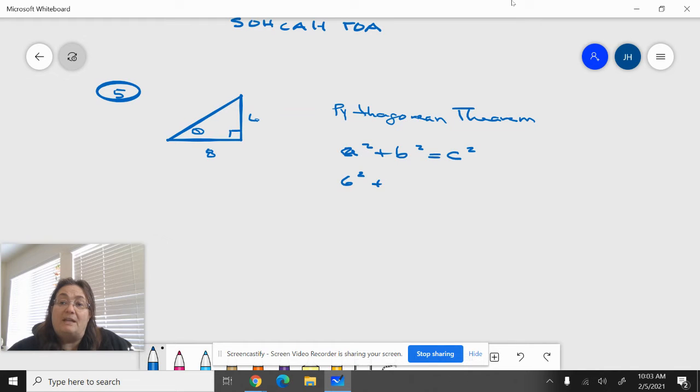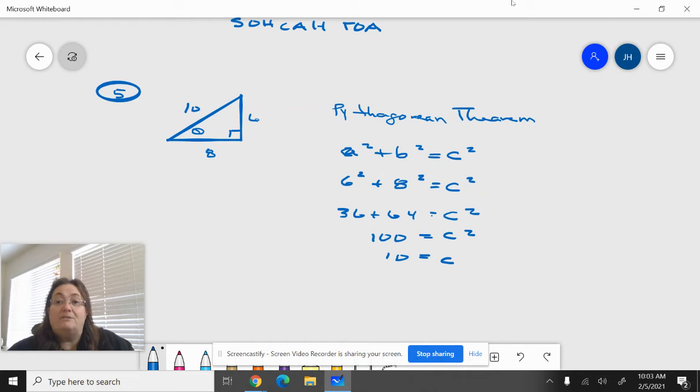So if we square that and add it to 8 squared, it should give us whatever our hypotenuse is squared. So we're looking at 36 plus 64 equals c squared, which is 100. c squared is 100, which means that c, if we took the square root of both sides, would just equal 10. So we know that our hypotenuse is 10.